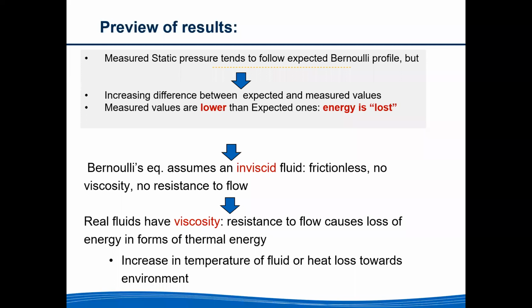And this resistance to flow causes loss of energy in the form of thermal energy. So running through this system, the real fluid will lose energy in the form of thermal energy. In which way? There will be an increase in temperature of the fluid or a heat loss towards the environment.